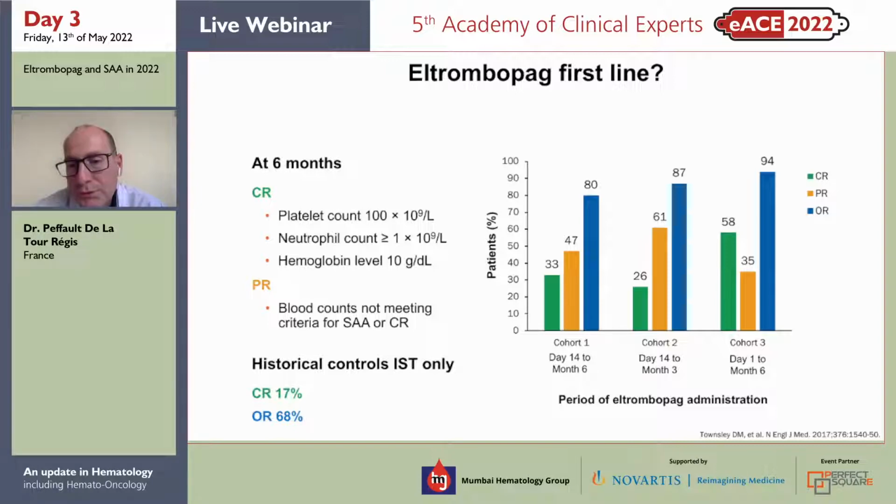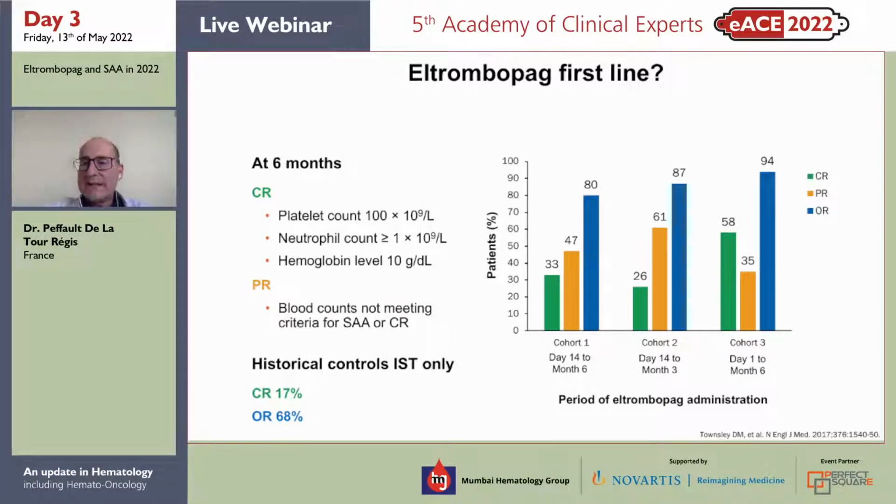The other thing that is important when presenting this phase 2 trial was how they compared the results they found to historical controls treated at the same site, NIH, prospectively, mostly in randomized trials. And as you can see, what they were observing in those historical controls was a complete remission at 6 months of 17% and an overall response of 68%. So basically, as you can see on the right side of the slide, in blue, in the 3 cohorts of patients, the response rates are about 80, 87, or 94%.